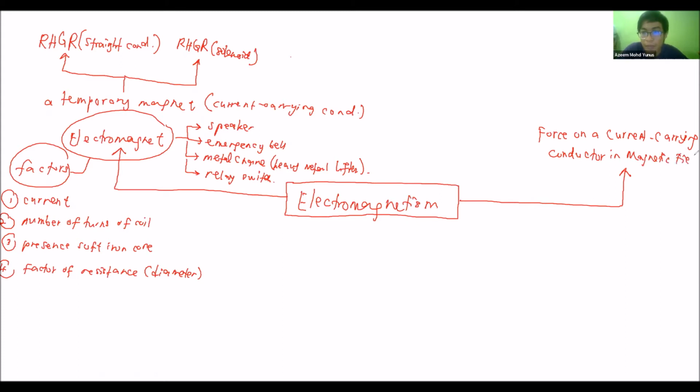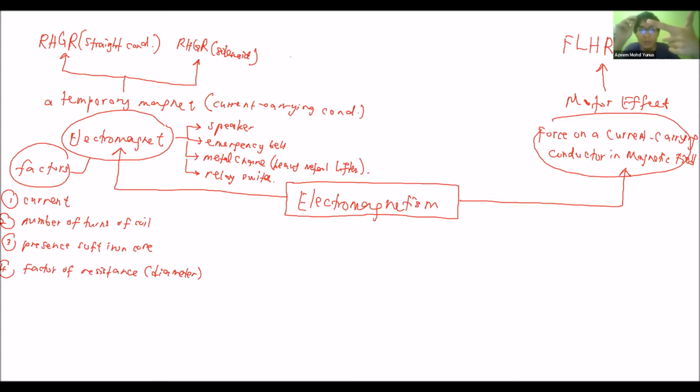This is also known as the motor effect. The rule that we introduce is the Fleming left hand rule to determine the direction of the force.